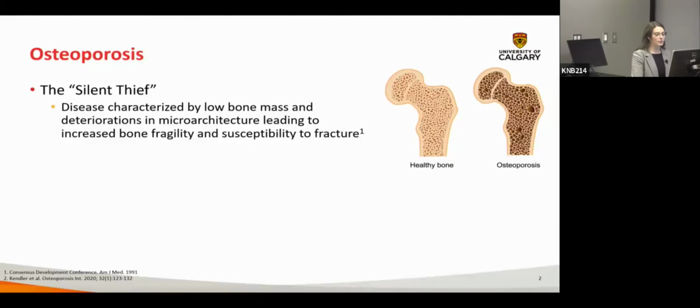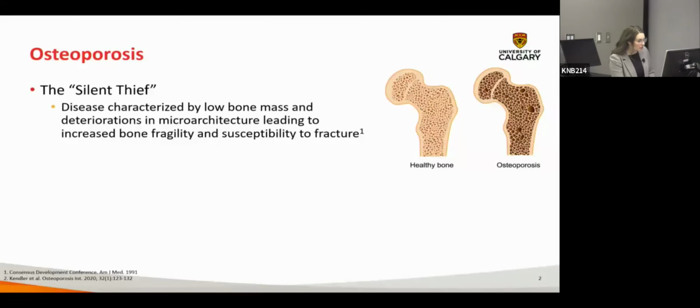As we know, osteoporosis is a disease characterized by low bone mass and deterioration in bone tissue, which can lead to an increased risk of suffering a fragility fracture. It's often called the silent thief, since you have bone loss without any symptoms, and many individuals don't know they have osteoporosis until they've suffered a fragility fracture.